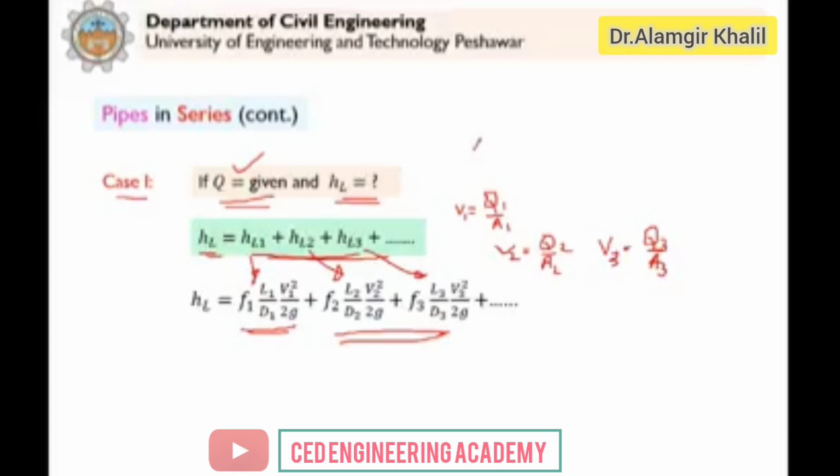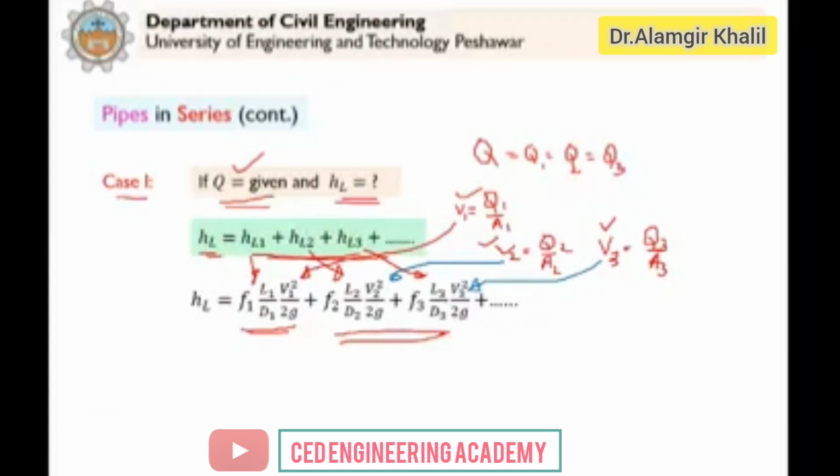But we already know that the total discharge Q will be equal to Q1, and this will be equal to Q2, as we stated from continuity, that the same discharge will occur through all the pipes. So you can calculate V1, V2, and V3, and put them here in the expression.